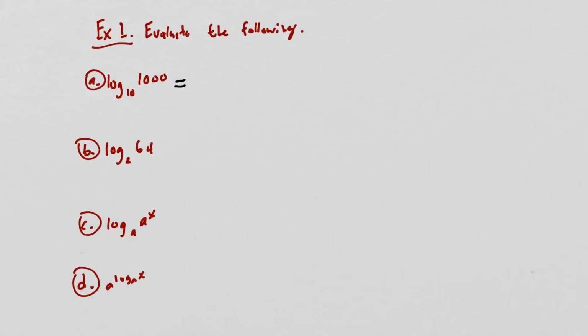This is going to be equal to 10 raised to the, let's call this value y. So 10 raised to the y is equal to 1,000 here. The y value that makes this true is going to be 3. So y in this case is equal to 3. Again, this is just by definition.